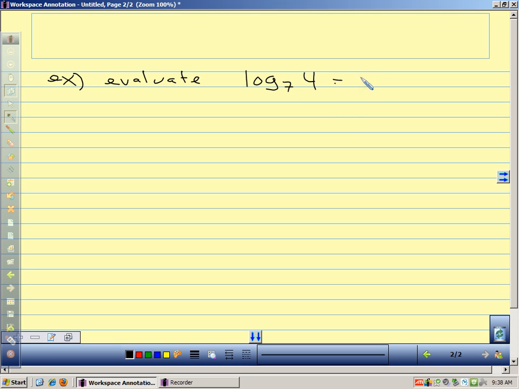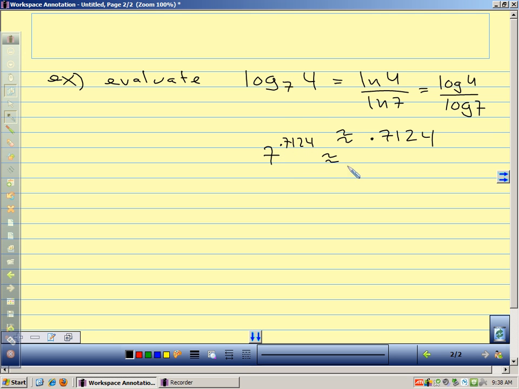That's the same as the natural log of 4 over the natural log of 7, or the log of 4 over the log of 7, and that's approximately equal to 0.7124. If I plug these into my calculator, this is what I get. And that tells us that 7 to the 0.7124 is approximately equal to 4.